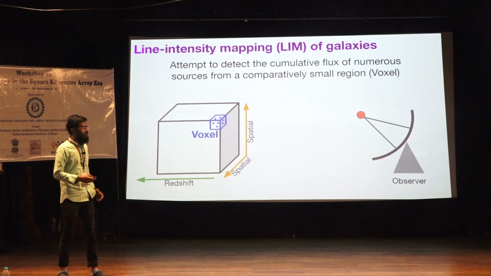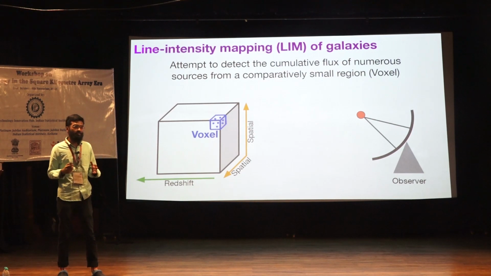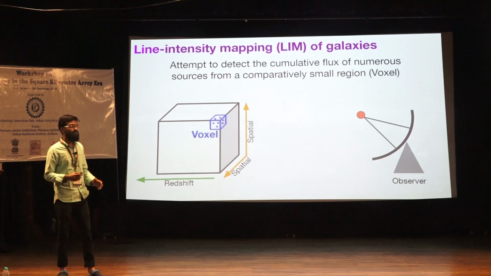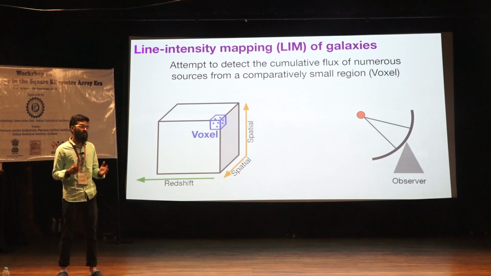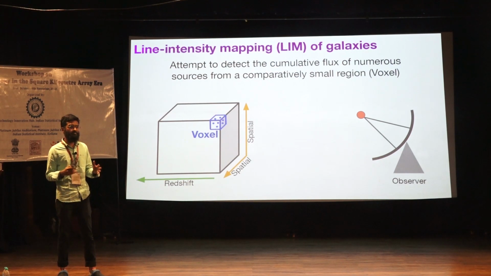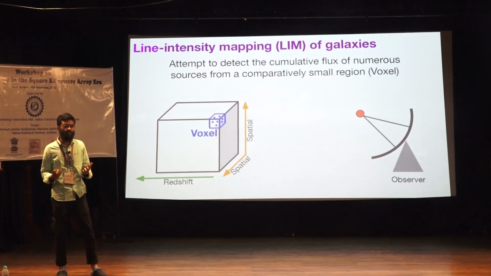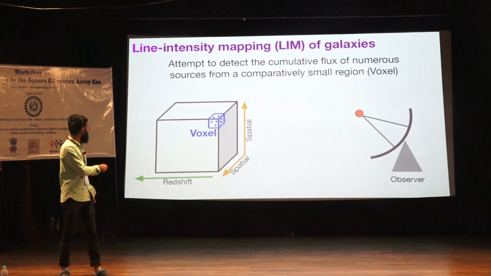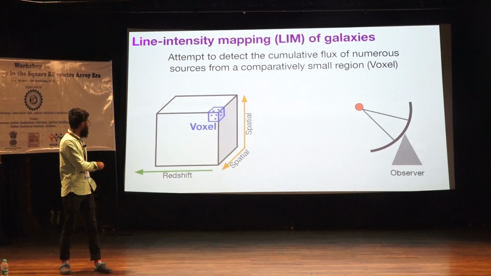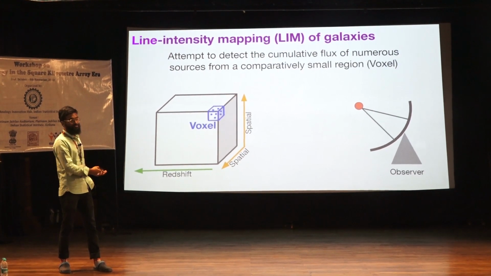of galaxies. So the basic idea over here is that we try to make a low resolution survey of the sky that we're interested in. So we can take this large volume and chop it up into smaller regions, which we call voxels, which is equivalent to a 3D pixel. So it has two spatial dimensions, and the other one is in frequency, which translates to redshift.